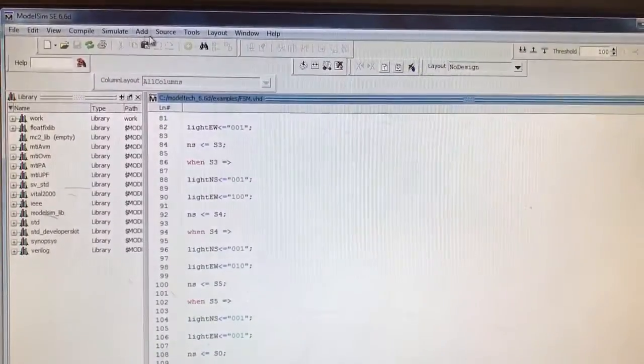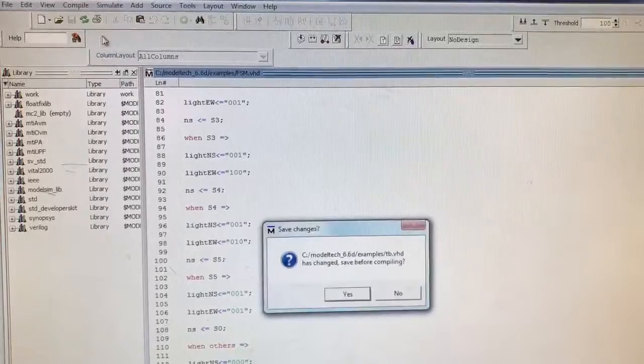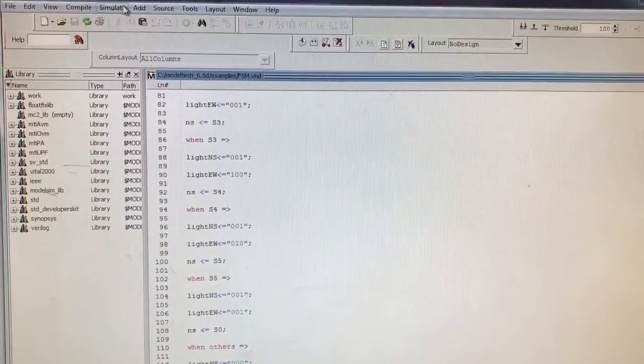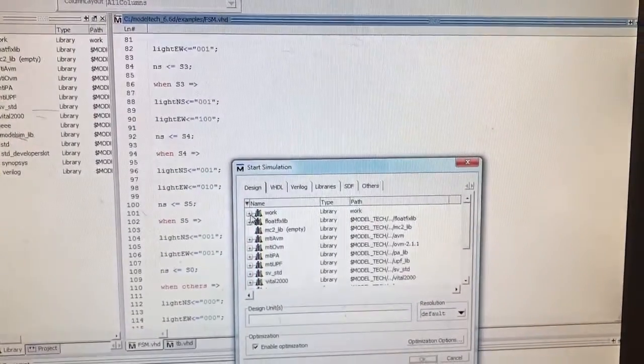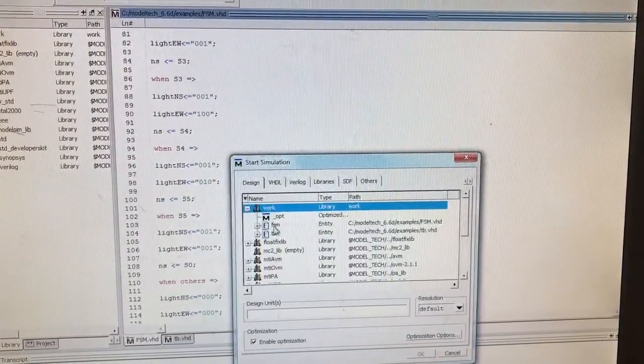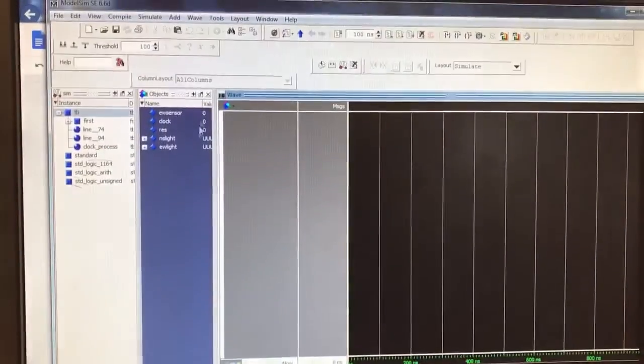So if we run the simulation and compile, okay, so no problem compiling. Start simulation. One second, I'm gonna have to put the camera down while I drag all these variables over.